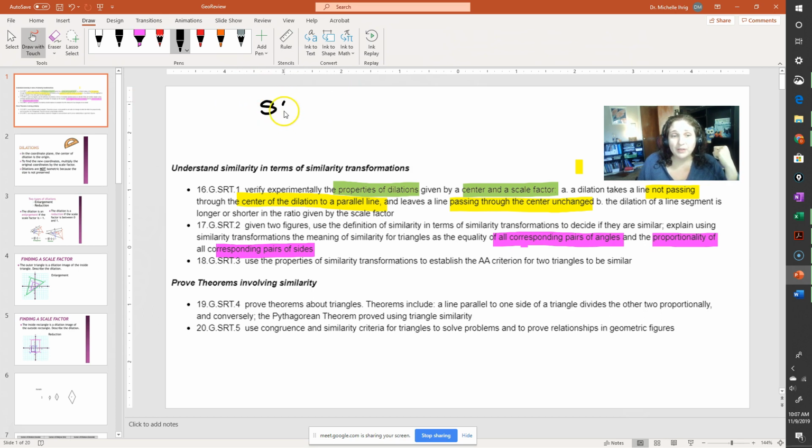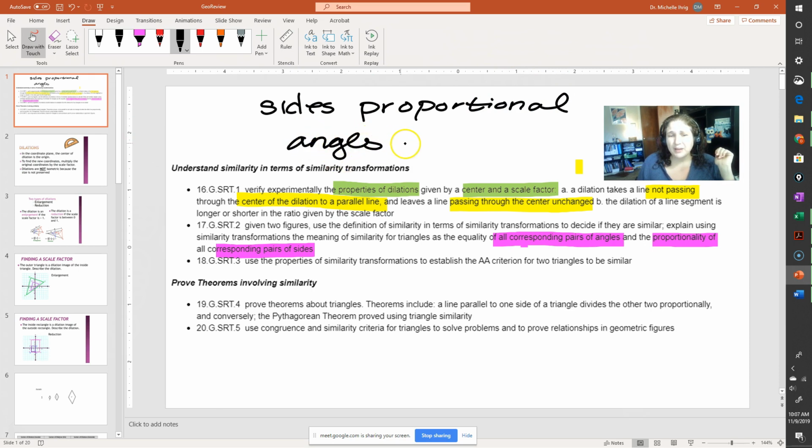If they're similar, the sides are proportional. And we usually say the angles are the same, but let's lift our math language and say that the angles are congruent. That is the main takeaway there. Looking at the shapes, if the angle measures are congruent, that's what matters.